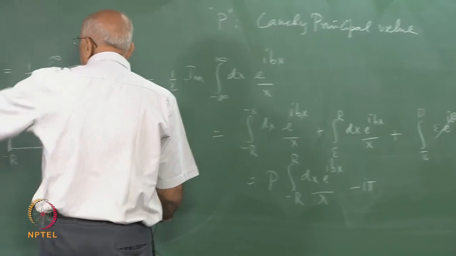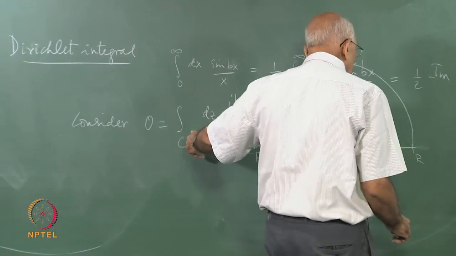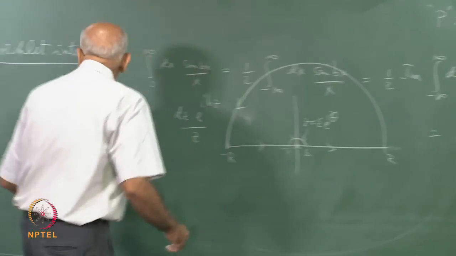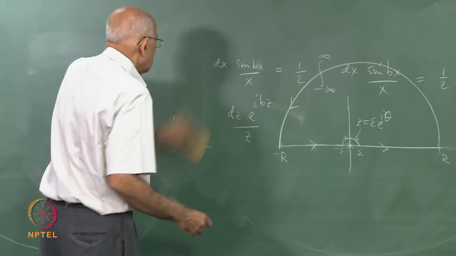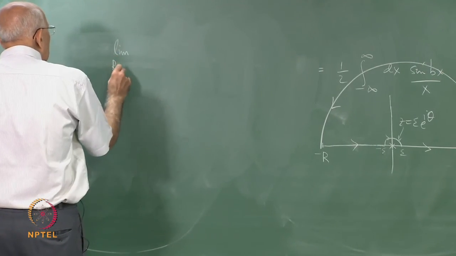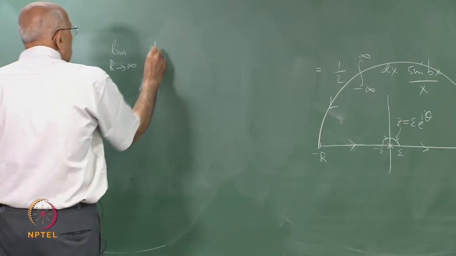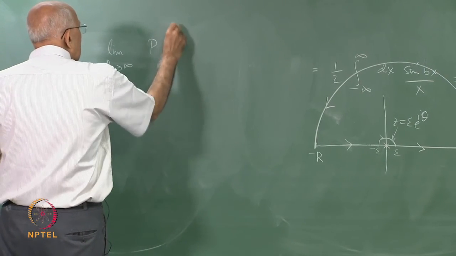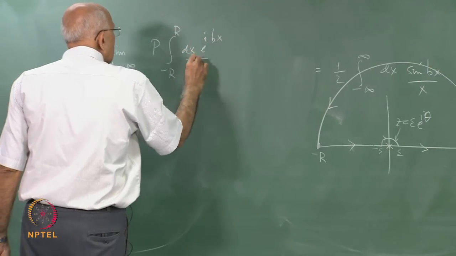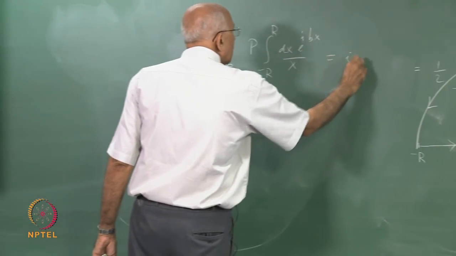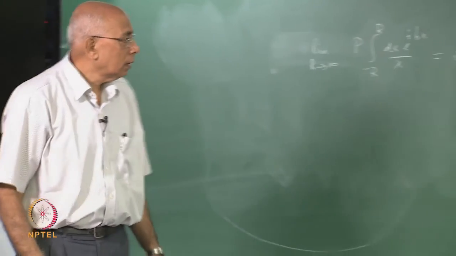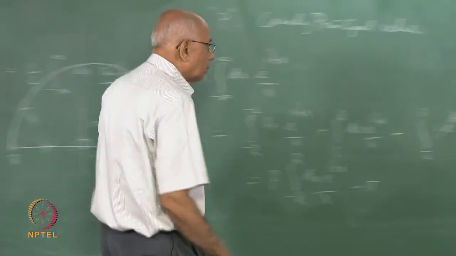So we could write this contour integral in the limit r goes to infinity, the limit r tends to infinity of the principal value integral from minus r to r dx e to the I bx over x is equal to I pi, because this contribution goes to 0.